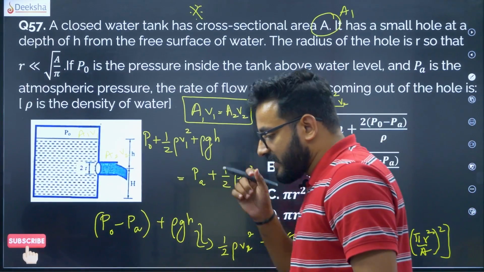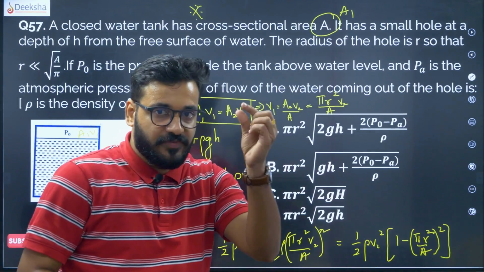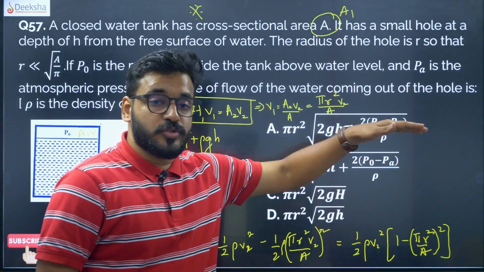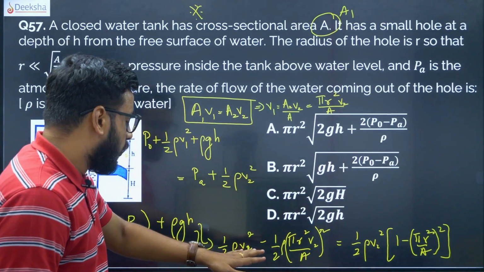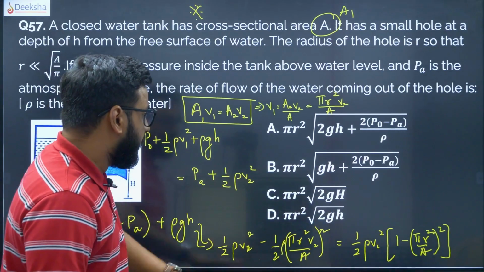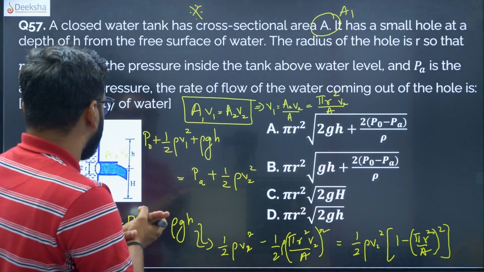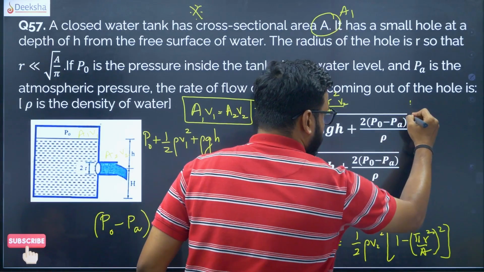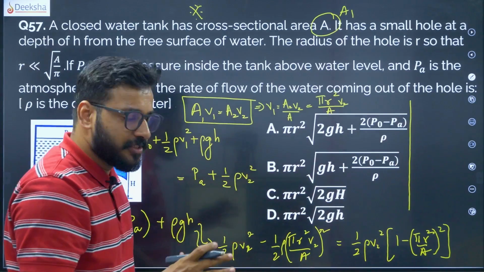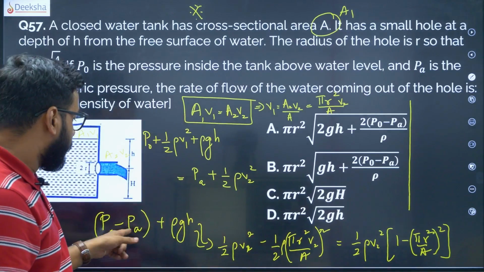Now this is a very, very small value, since r itself is very small, so the entire term will be extremely small and we can neglect it. Ultimately, just rearrange everything and cross multiply over here.